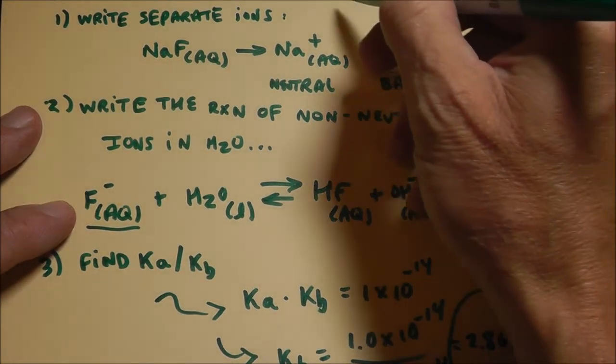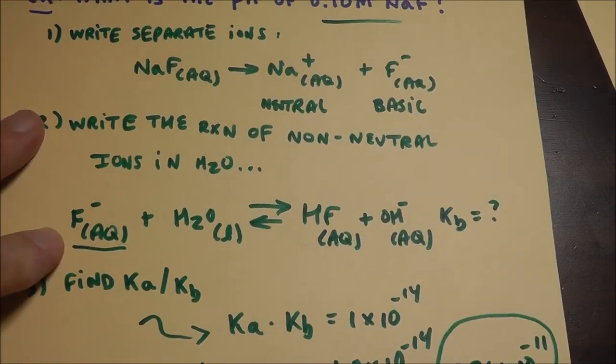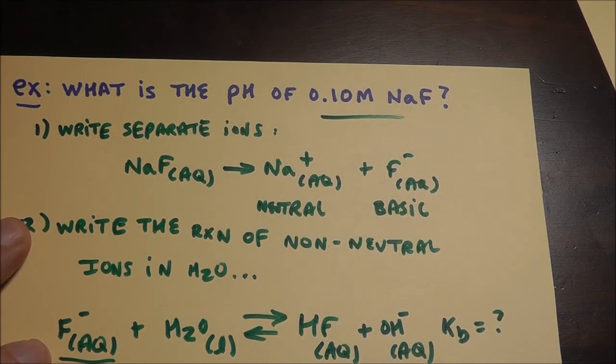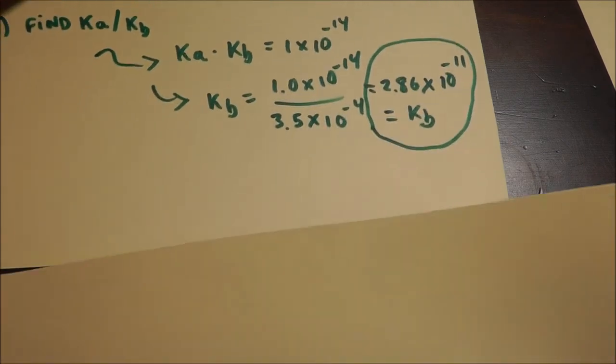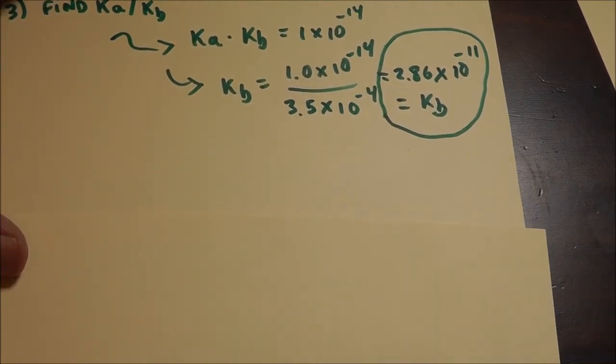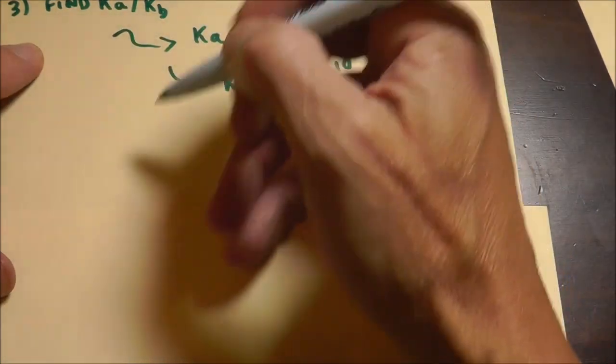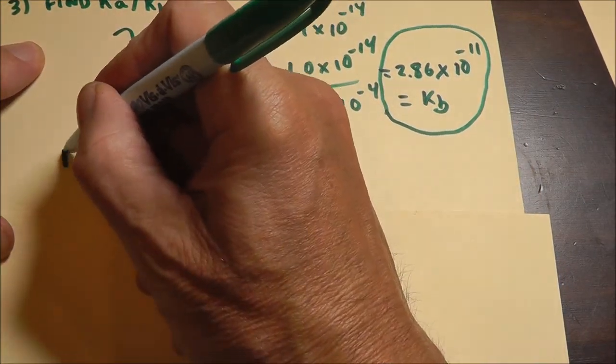Now it's just like any other problem we've done. What's the pH of something that's a base that's 0.1 molar with a Kb of that? So it's ICE table time. First of all, I'm going to rewrite this equation again.